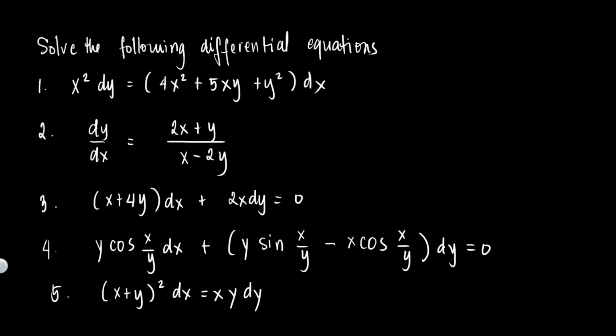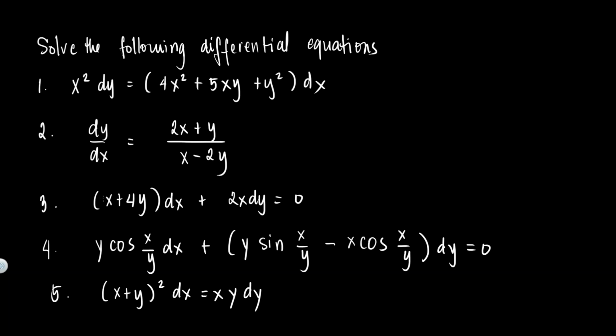Okay, solve the following differential equations. Apply what you learned from this video. Number 1, x squared dy equals quantity 4x squared plus 5xy plus y squared times dx. Number 2, dy over dx equals 2x plus y all over x minus 2y.